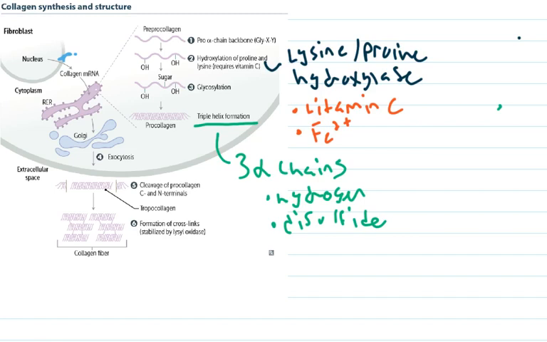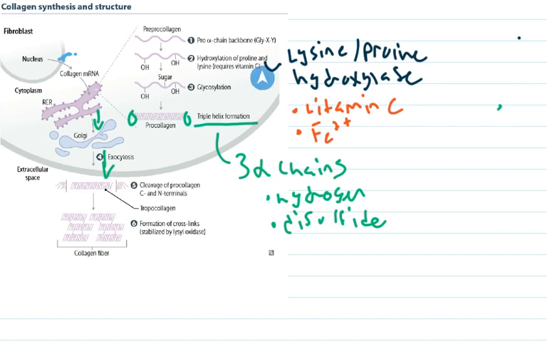So now that we've formed these hydrogen and disulfide bonds on the ends of the procollagen, it's going to actually get packed up into a vesicle, transported through the Golgi, and exocytosed outside of the fibroblast. And when it's outside of the fibroblast in the extracellular matrix, we're going to get two enzymes to come in and cleave the C-terminal and N-terminal sides of this procollagen.